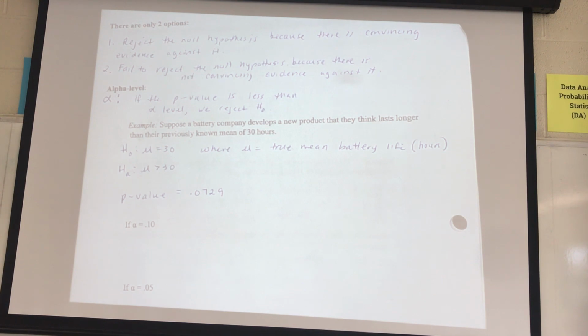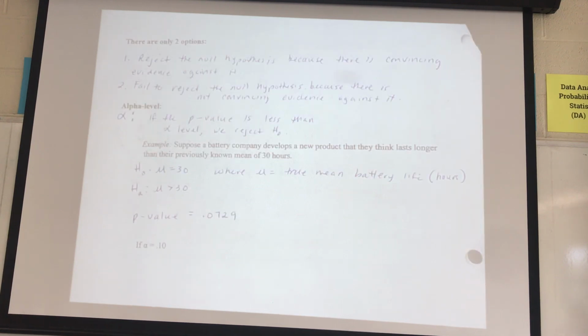All right, so somebody did the calculations and we have the p-value. Our focus right now is, what do we do with the p-value? Not where did the p-value come from. If your p-value is below the designated alpha level, you reject the null hypothesis in favor of the alternative.